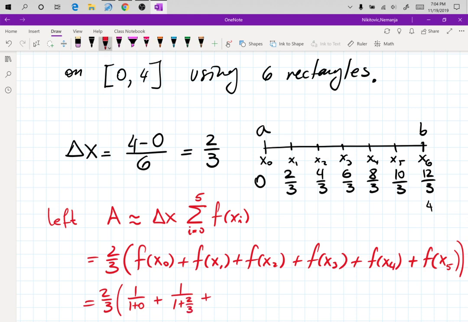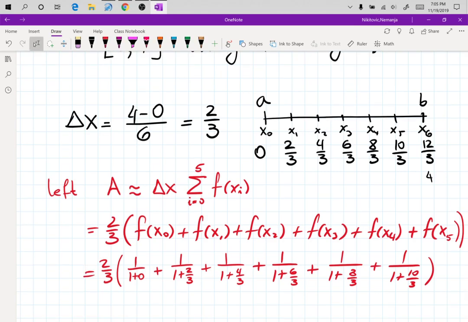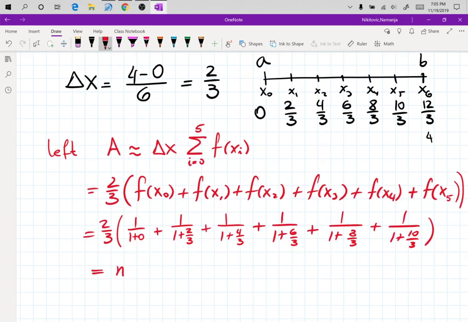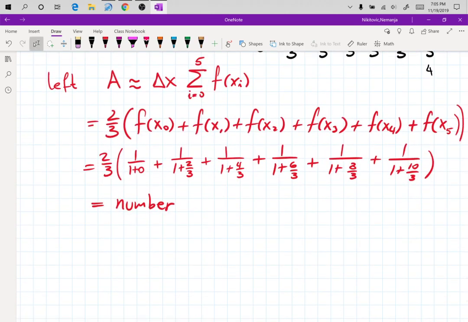There we go. 1 over 1 plus 4/3. 1 over 1 plus 6/3. Plus 1 over 1 plus 8/3. Plus 1 over 1 plus 10/3. And all of this is going to equal a number. Yeah, do quick computing.